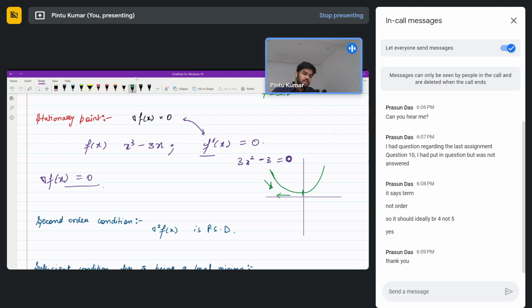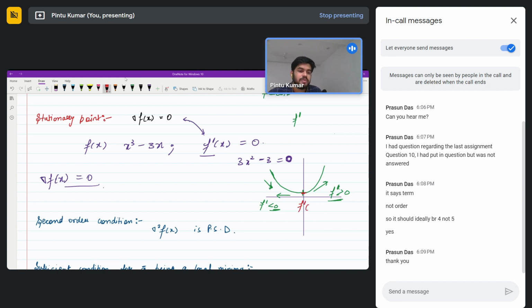That means its derivative is less than 0. And if you look at this portion, your function is increasing. There is a very beautiful property associated with the derivative: if your derivative is less than 0 at some point and greater than 0 at some other point, then there must exist a point where your derivative is 0.